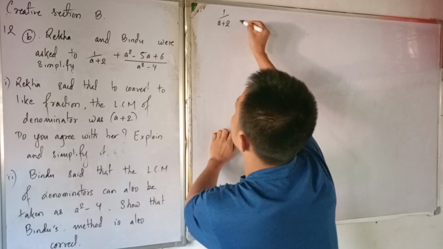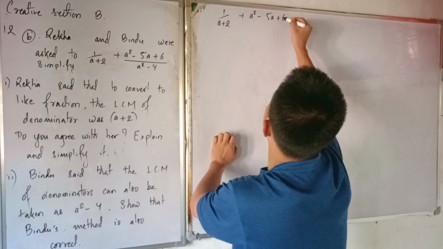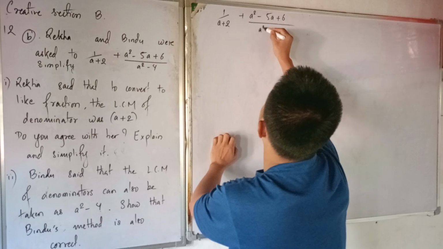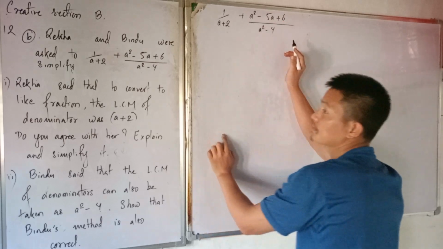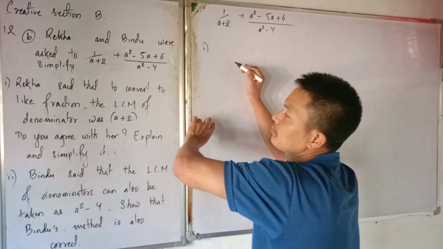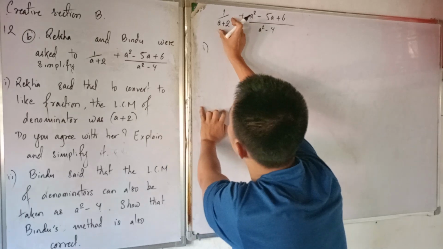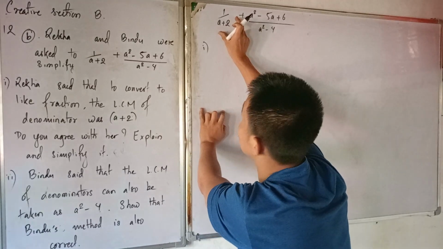1 by a plus 2 plus a square minus 5a plus 6 by a square minus 4. So what Rekha said is, first convert to like fractions. In this part you cannot do anything because it is already in the simplest form.